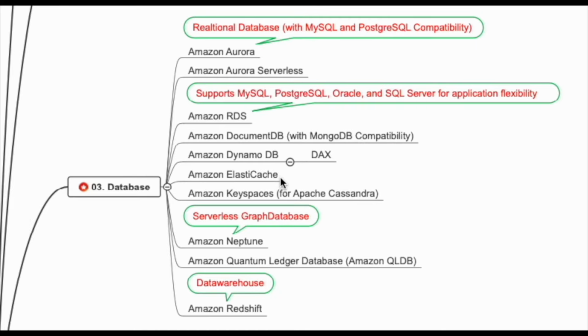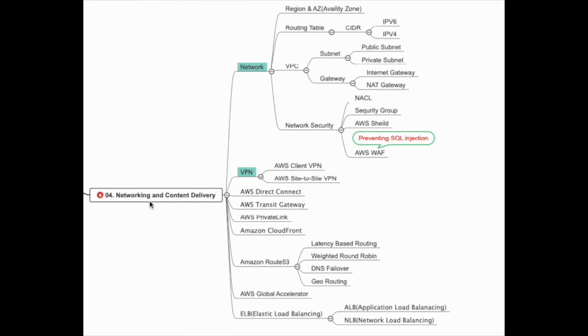The fourth service topic is about networking and content delivery. Networking operates on the global infrastructure of Regions in AWS, which was explained in the previous lecture. Additionally, exam questions often ask about routing and CIDR, which are general concepts dealt with in networking, so you should be familiar with the content for AWS.